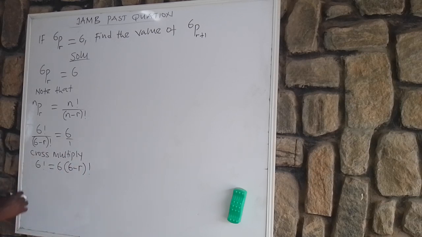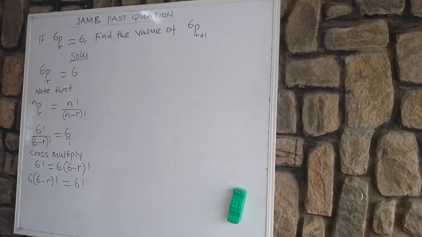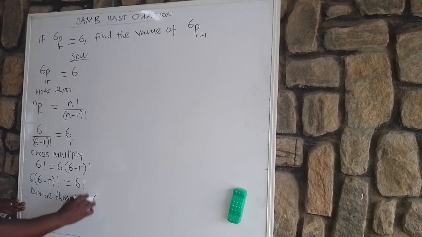Let's rewrite this way: 6 times (6 minus r) factorial is equal to 6 factorial. Then we divide through by 6.